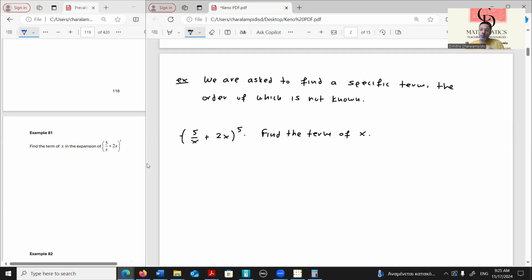We don't know which combination, which term with regards to order that term will be. I mean, will it be the first term? Will it be the second term? The fourth? We have no idea. We were not given any such info. In this case, let's learn that as a methodology, we should always begin with the general term.